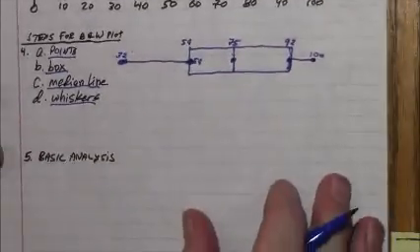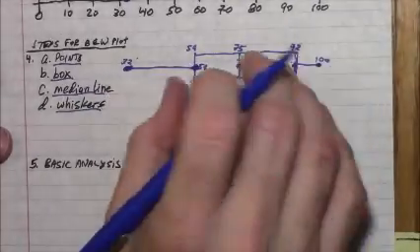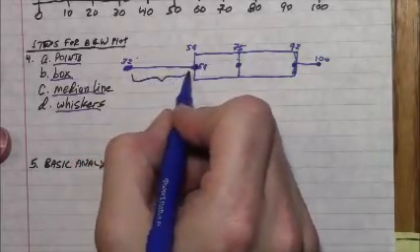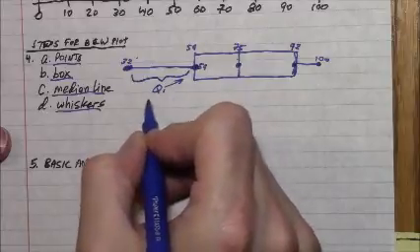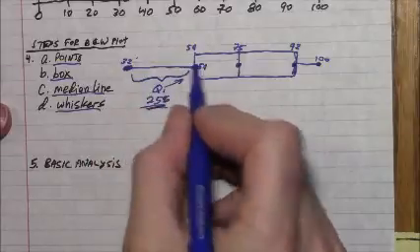Now a basic analysis of this is that when you do this, it shows where the amounts are clustered together. So Q1 goes to there. This is 25% of all the data is below 59.